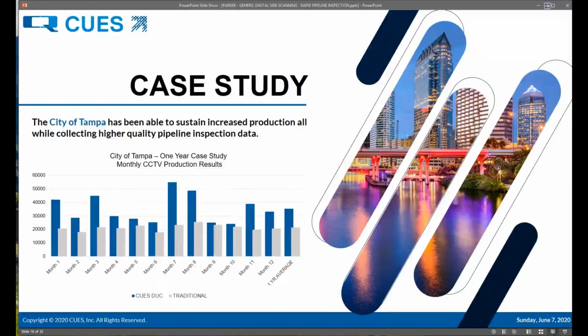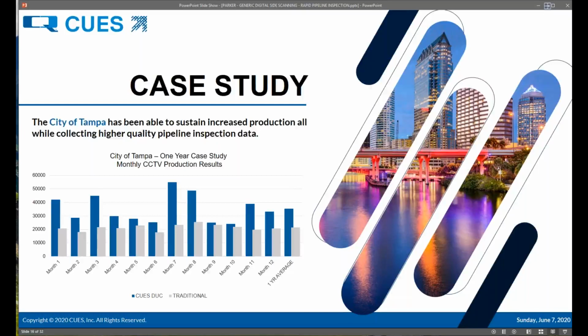And what you can see here is that production increase has been sustained. It wasn't a one-off, one-month type of thing. And it is worth mentioning, too, that these results are being achieved running one less day per week than their traditional trucks, because what the City of Tampa has elected to do is, Monday through Thursday, they are basically collecting data in the field and using Friday as their coding day.